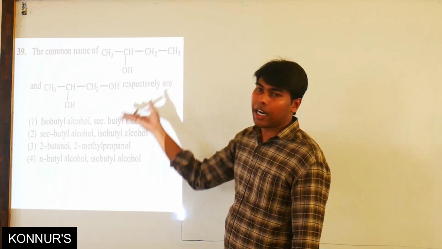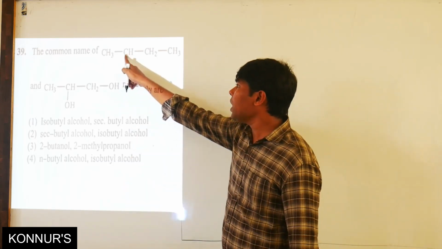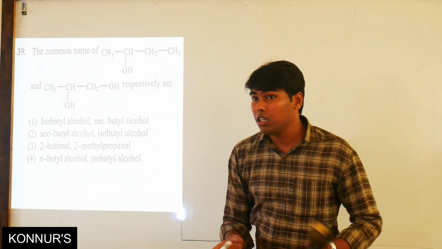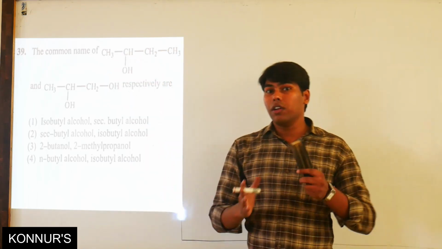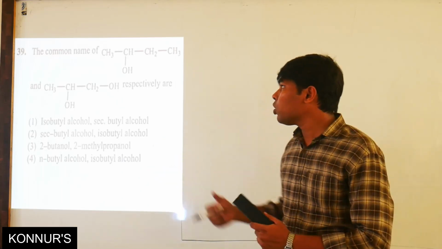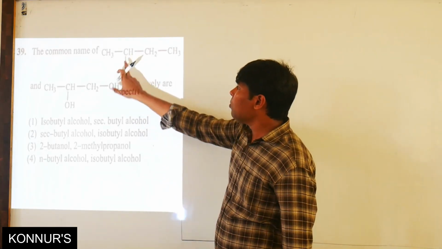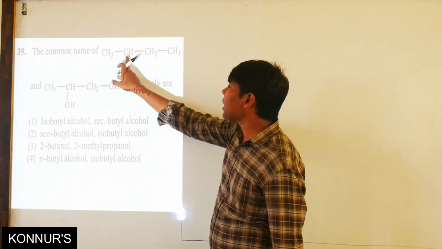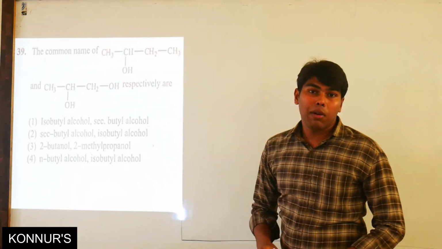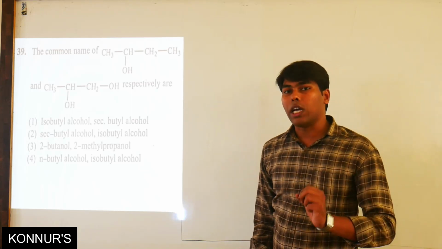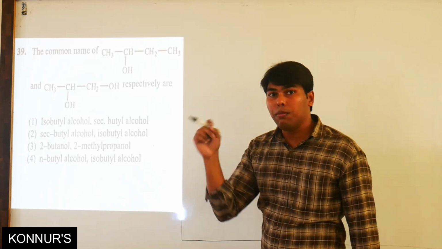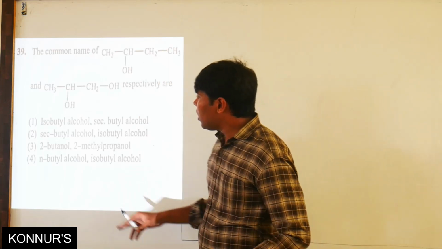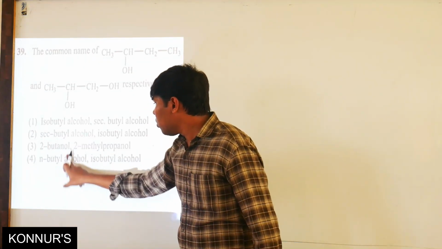So this becomes a secondary carbon, where the functional group containing carbon is further bonded to two alkyl groups, and both of them are different. If both of them are the same, it goes as iso, and here both of them are different. Since 4 carbon atoms are there in that alkyl group, that is a butyl. So it's a secondary butyl alcohol. No other options are there.